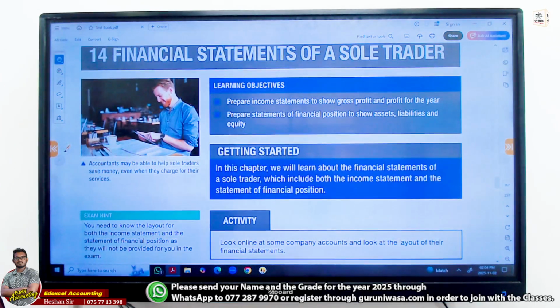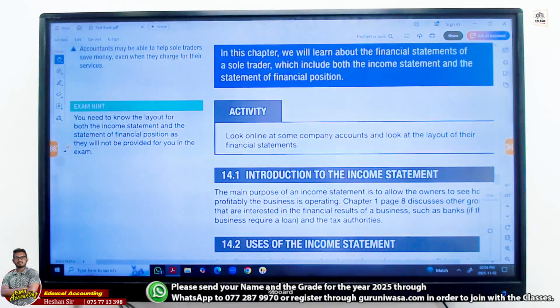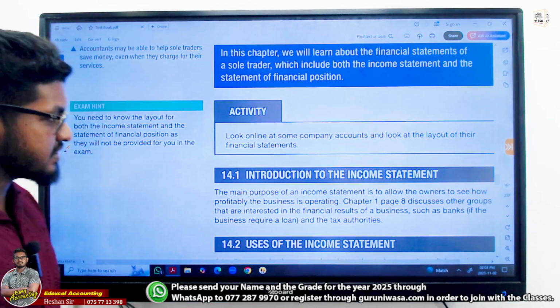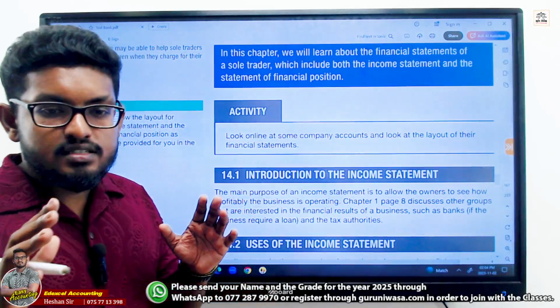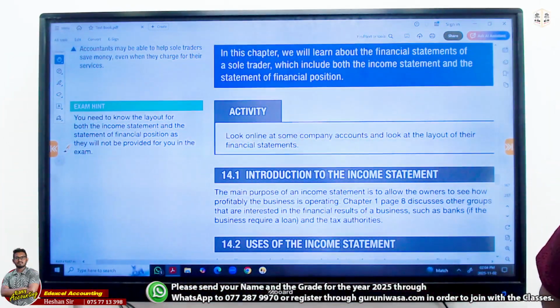Accountants may be able to help sole traders save money even when they charge for their service. Hint: you need to know the layout for both the income statement and the statement of financial position, as they will not be provided for you in the examination. So these statements are not provided to you in the examination. So you need to know how to prepare these two things, right?